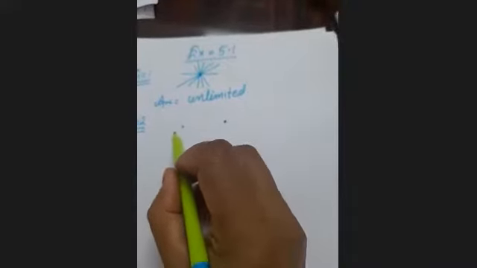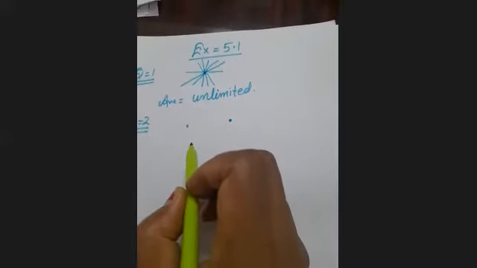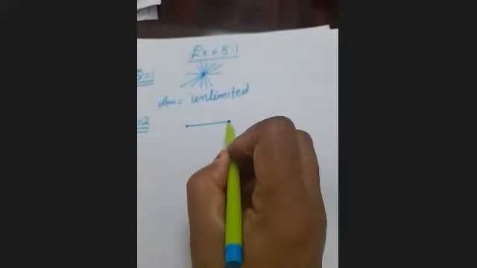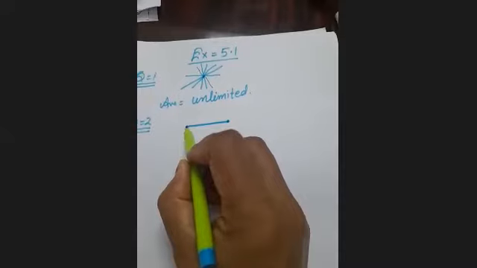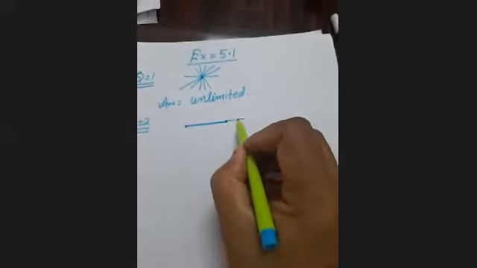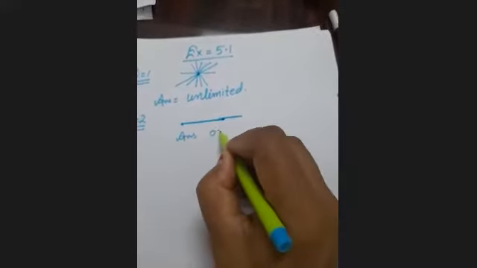Now your question is, how many lines can be drawn through 2 given points? Through these, we can draw only 1 line. So your answer is 1.